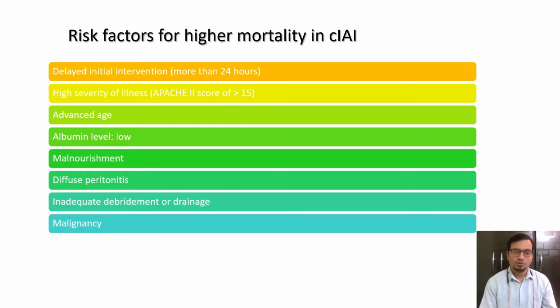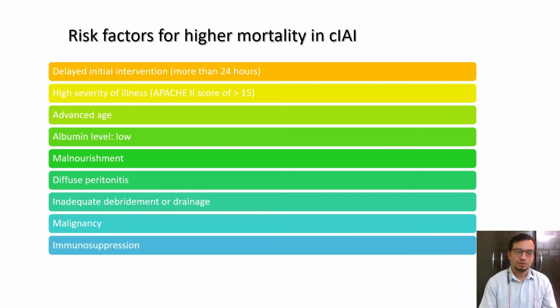Then in patients who are having underlying cancers, okay, then also the mortality is going to be worse. If the patient is having underlying immunosuppression, okay, if the patient is on some immunosuppressive agent, or if the patient is having comorbidity like diabetes or CKD, which also is a marker of decreased immunity, then also the patient is going to die more often.